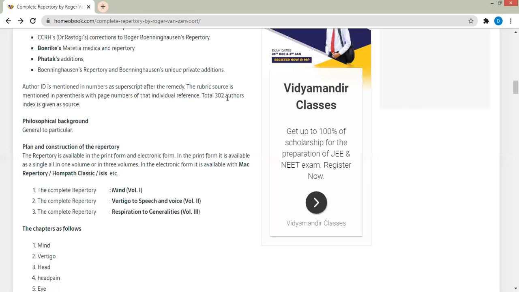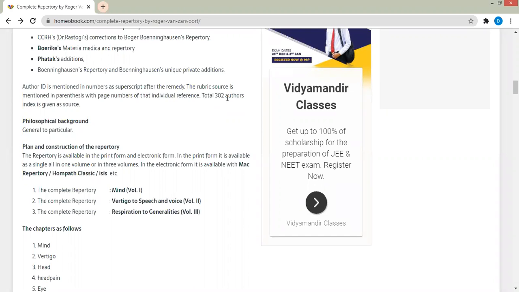In the electronic form, it is available with MacRepertory, HomPath Classic, and ISIS. So these are the software programs in which this complete repertory was included.